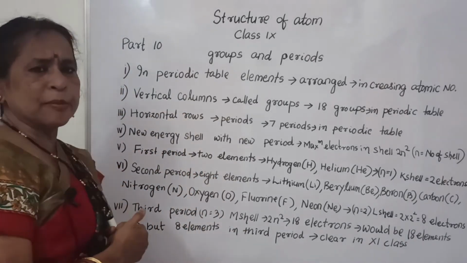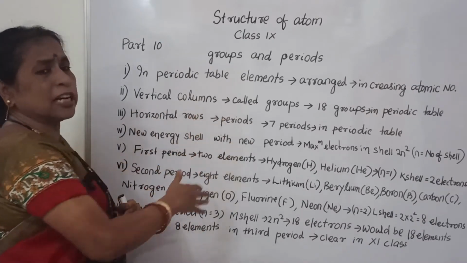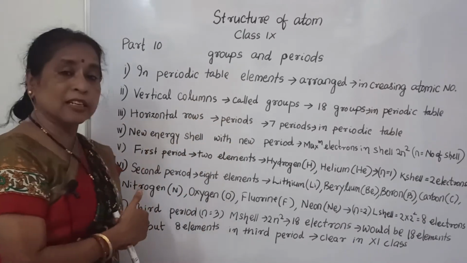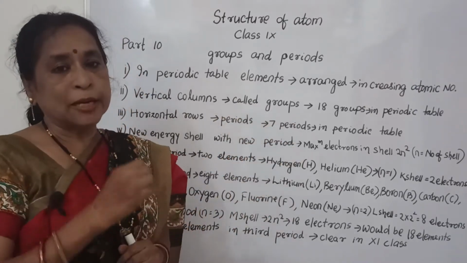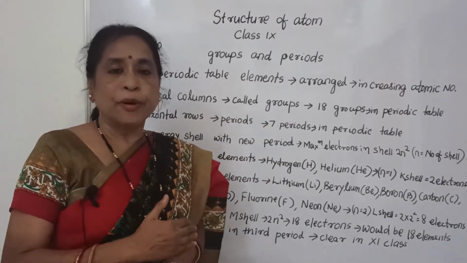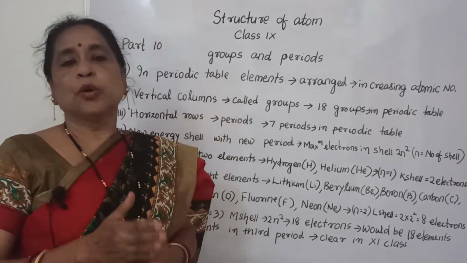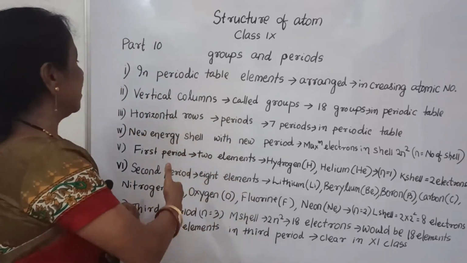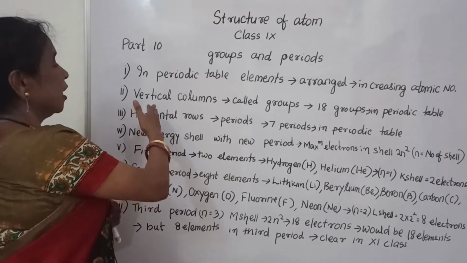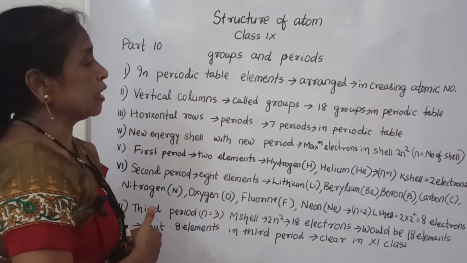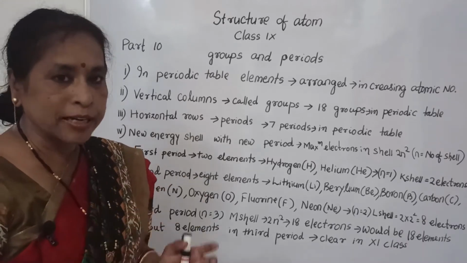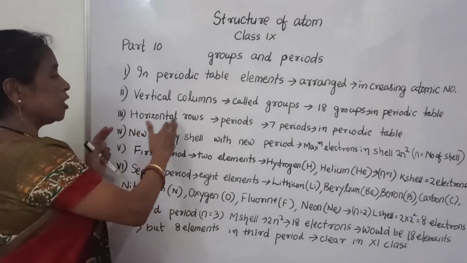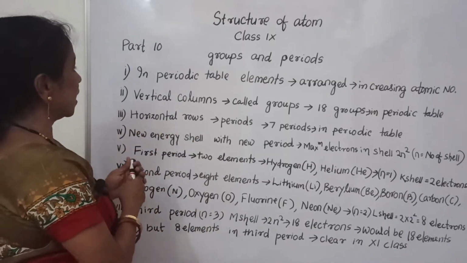Now, in the periodic table, we can observe there are some vertical columns. How many vertical columns? 18 vertical columns. They are called groups. That means in the periodic table, how many groups are there? 18 groups are there. Now, some horizontal rows are there also.